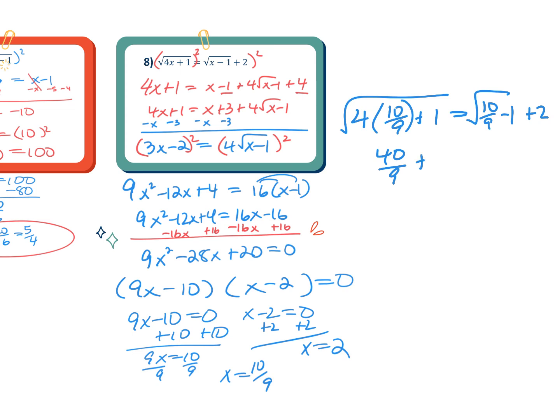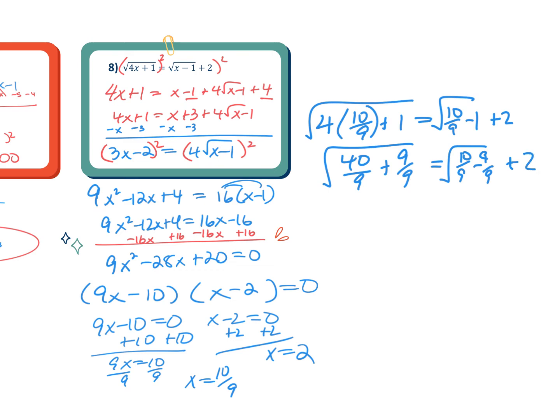I'm going to change the 1 into 9 over 9. Same thing here. Change the 1 into 9 over 9. This becomes 49 over 9. This becomes 1 over 9. And this should be an equal sign.